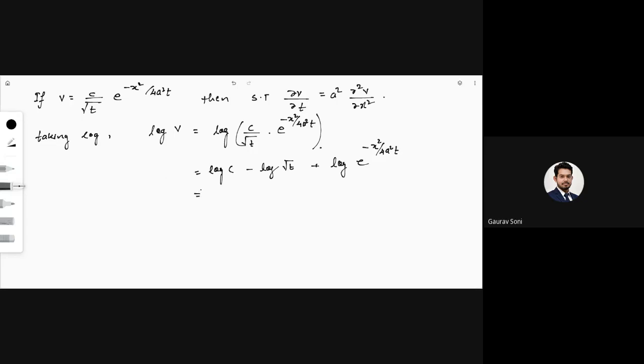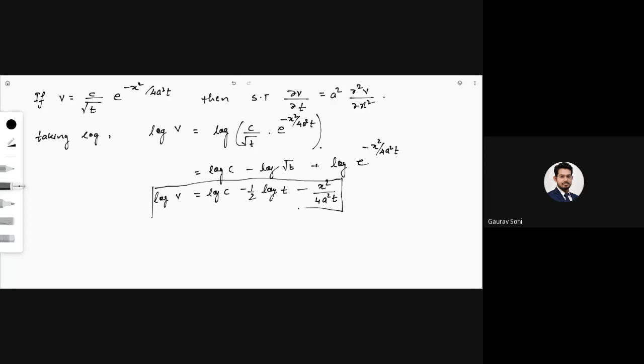So this becomes log c minus 1 by 2 log of t minus x square upon 4 a square t. Log e will become 1. Now I can differentiate it by whatever I want.